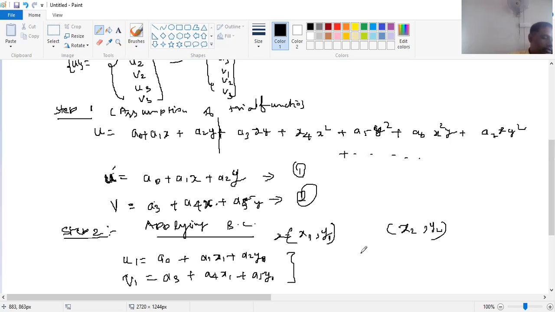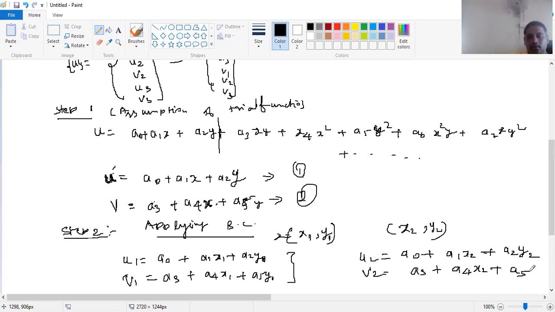Look at the equation. u2 is equal to again a0 plus a1 x2 plus a2 y2. Similarly, v2 is equal to a3 plus a4 x2 plus a5 y2.